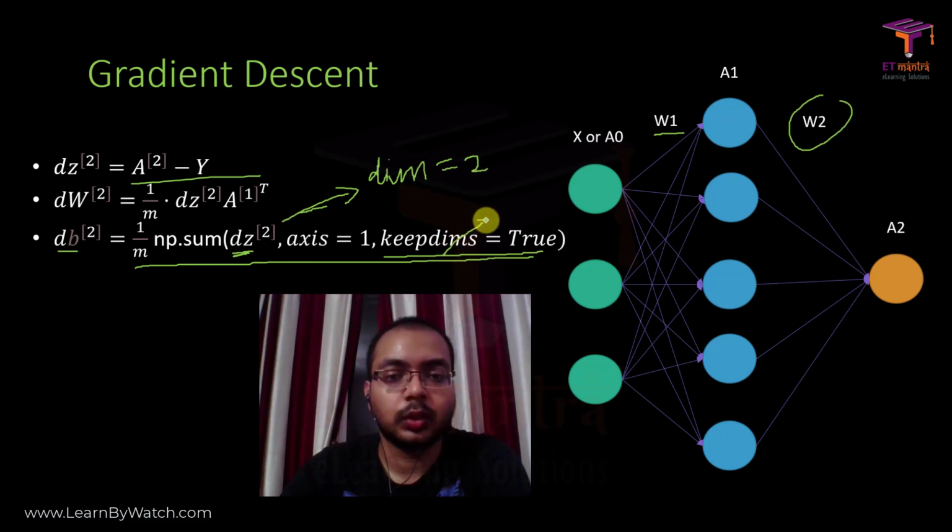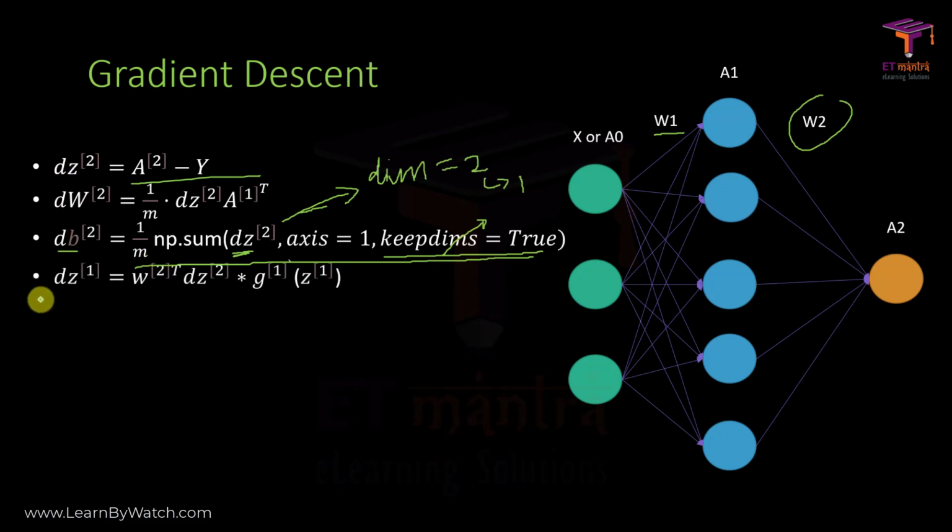If we don't give this, then it will change to 1. So we generally give it to keep the dimension constant across all the matrices we are using. Next, in a similar way, these 3 steps are repeated for the next layer. We find dz1. Okay, this is element wise multiplication.